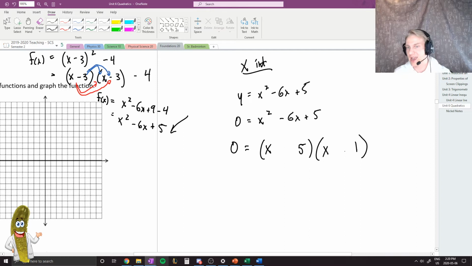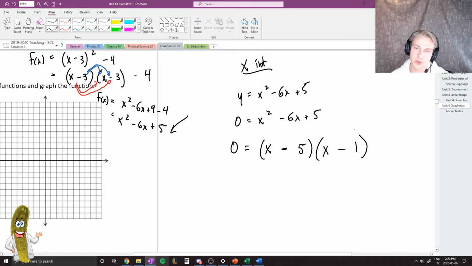Now the last thing I have to do is decide what sign I'm going to put in between these. Is it going to be x plus 5 or x minus 5? Is it going to be x plus 1 or x minus 1? In this case, we would like these multiplications to add to negative 6. So the only way that's achievable is if we end up with x times negative 5, or negative 5x, and x times negative 1, or negative 1x.